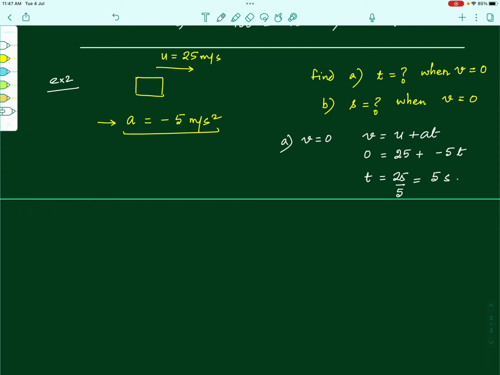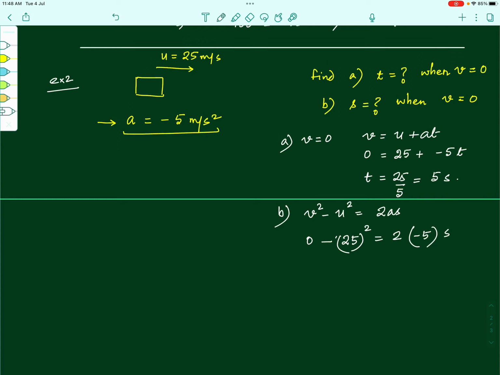For the second part of the same question, since we are looking for displacement now, as we know the velocities, initial, final, as all of them, we can use either the second or the third equation. Let's try using the third one. v squared minus u squared is equal to 2as will easily give us the answer here. 0 minus 25 squared is equal to 2 times minus 5 into s, the displacement.